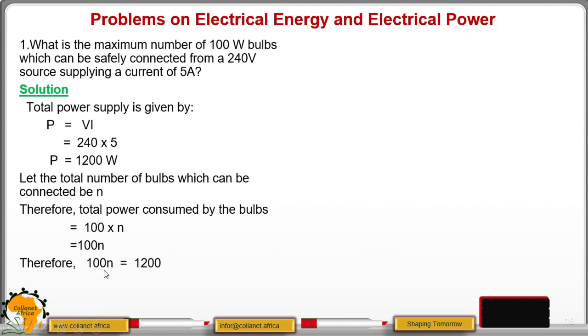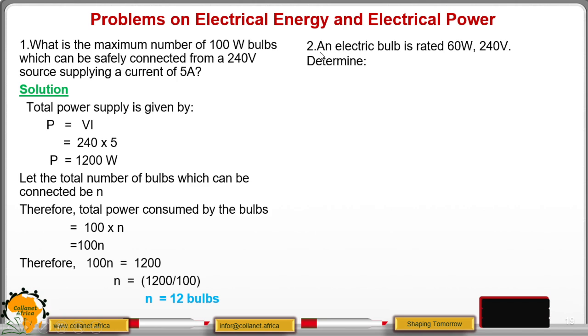To get the value of n, we divide through by 100, and when you divide 1200 by 100, you get that n is equal to 12 bulbs. So first of all, get the total power. Then number 2, divide by the power of a single bulb, and that way you are able to get the number of bulbs that can be safely connected.